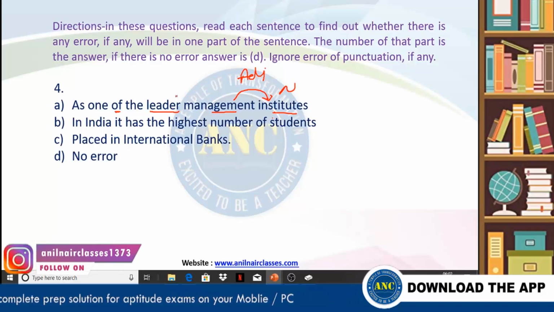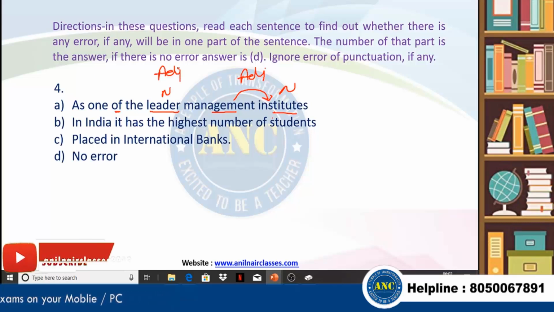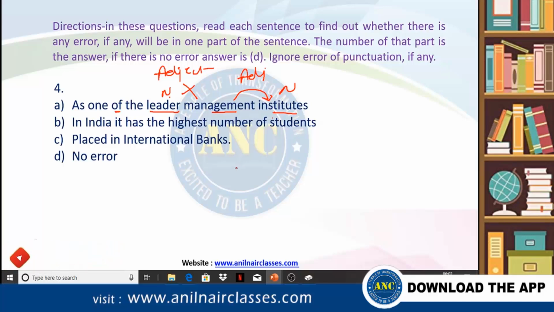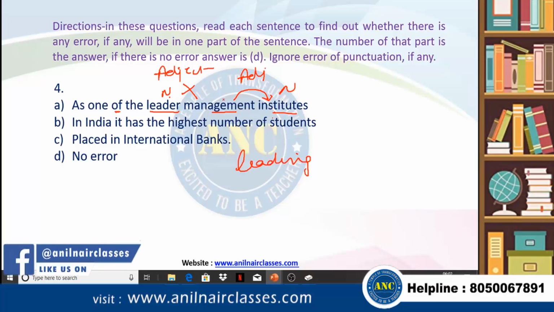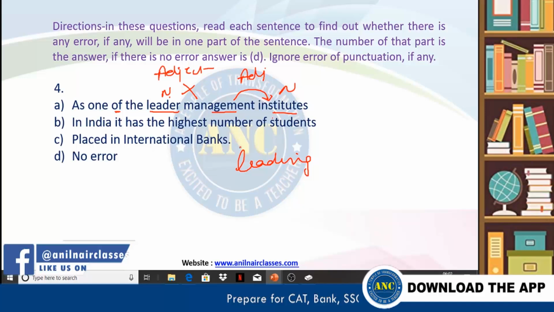No. Leader is a noun form, right? I need an adjective over here. This leader is wrong because it is a noun. I need leading management institutes. We never say leader institutes. It will always be leading institutes, right? The meaning changes when we use it in the form of a noun as well as an adjective.